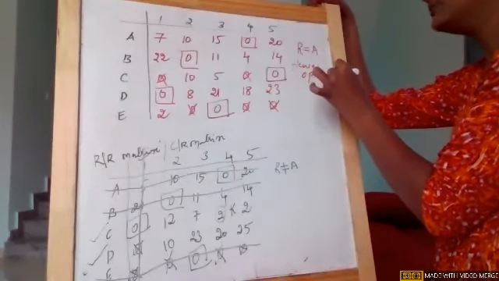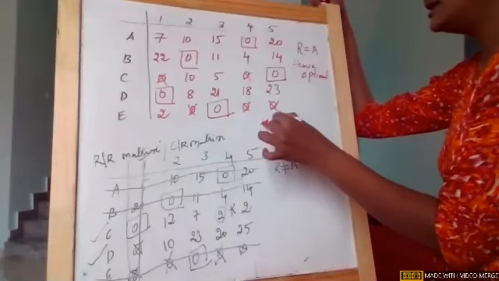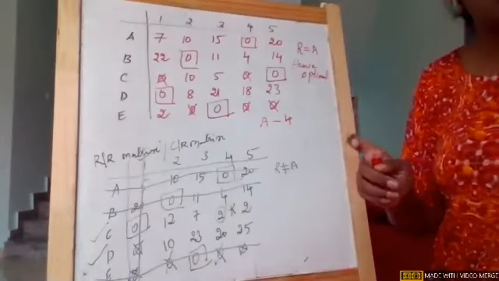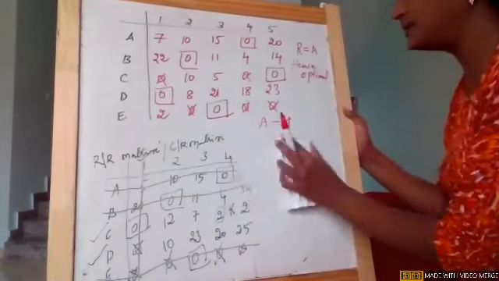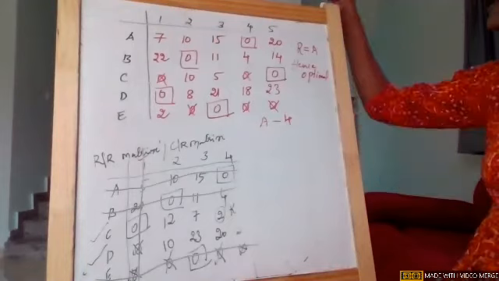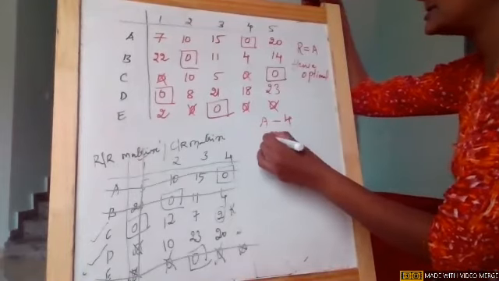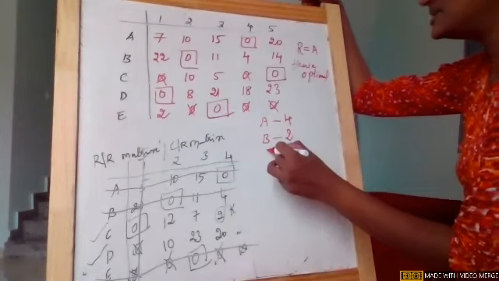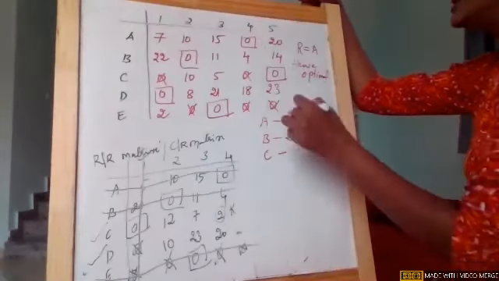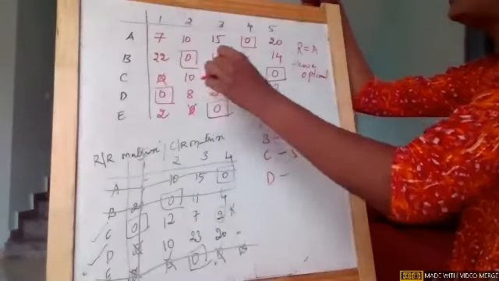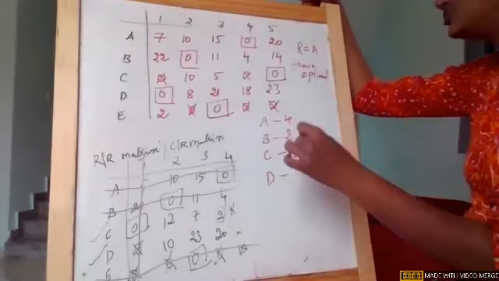So how will you write the justification? A is assigned to 4. I mean to say they are salesmen, girls. If you go back and remember, there are salesmen and 1, 2, 3, 4, 5 are territories. Salesman B is assigned to territory 2 and salesman C is assigned to territory 5 and salesman D is assigned to 1.